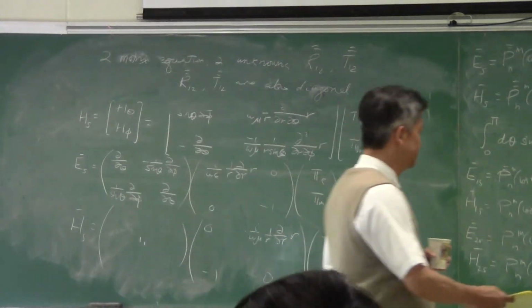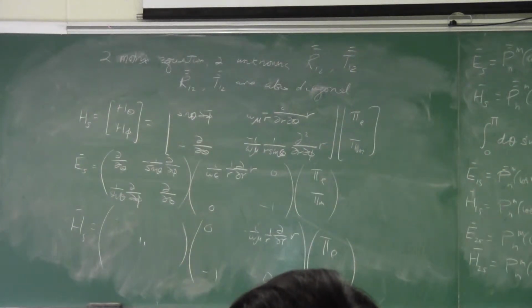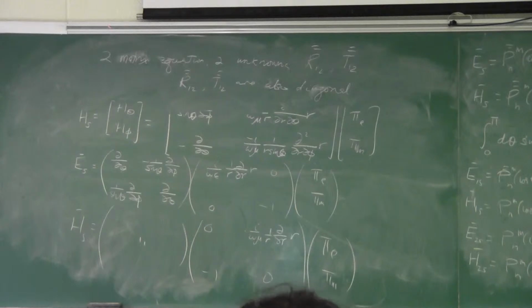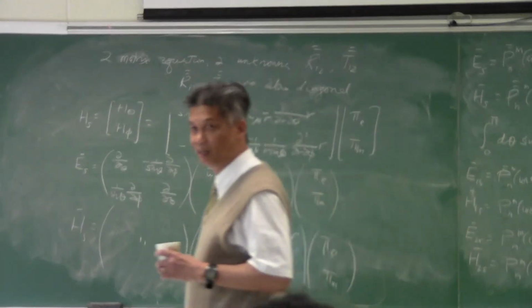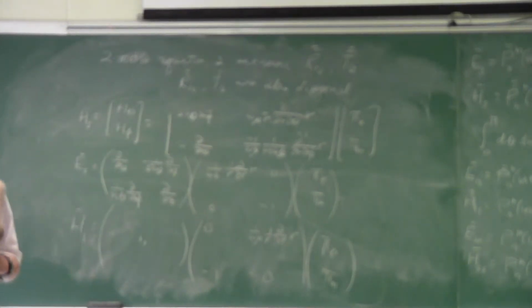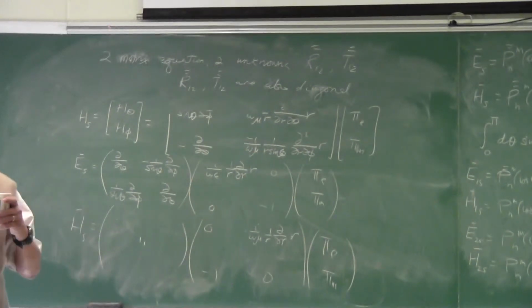Upper component of the column vector A means pi sub E, right? Pi sub E is a TM wave. And then the lower component means the TE wave, which means that the TE and TM waves are uncoupled in this spherical layered medium. At least for one interface, they are not coupled.